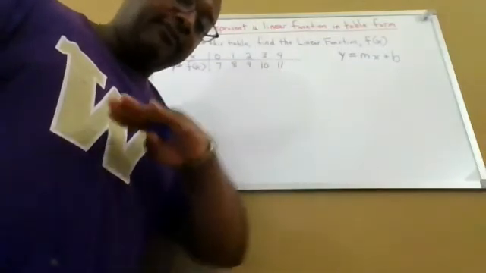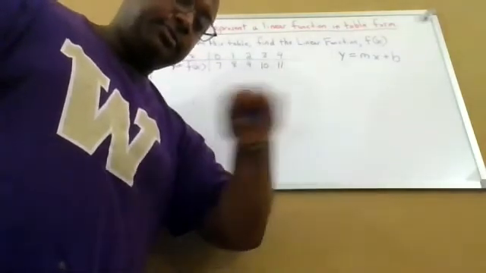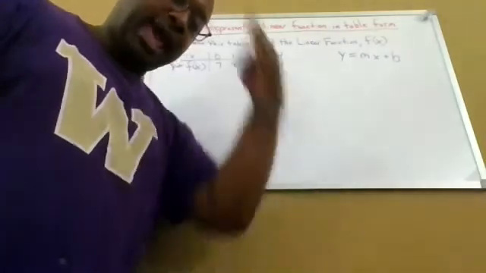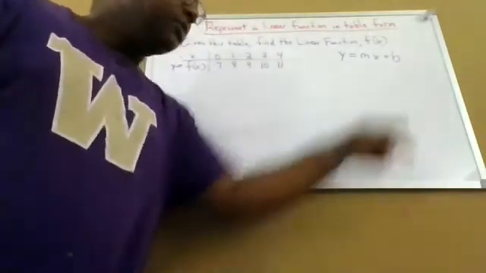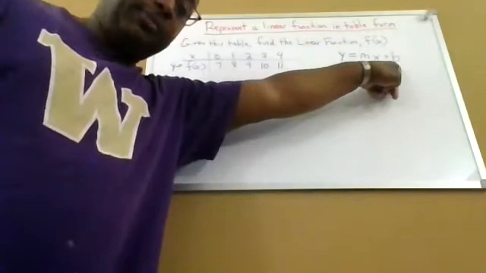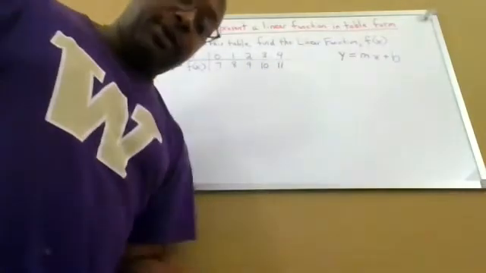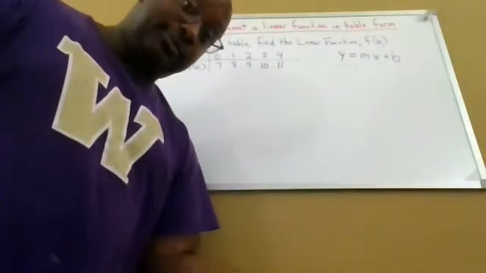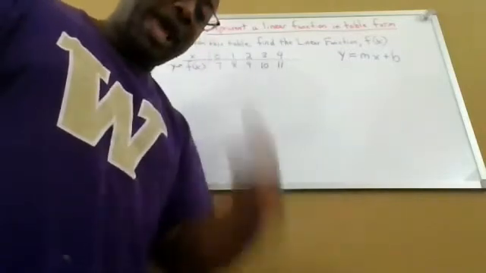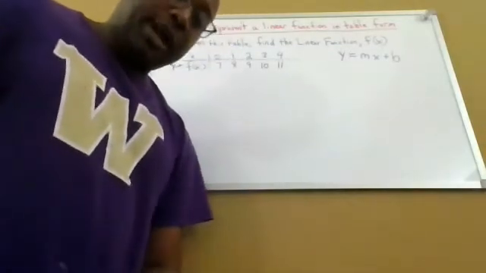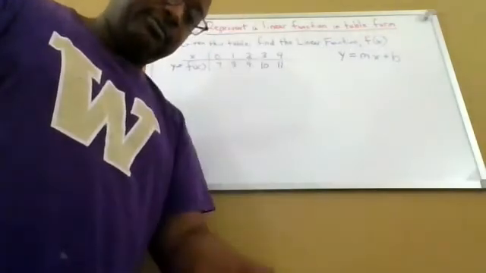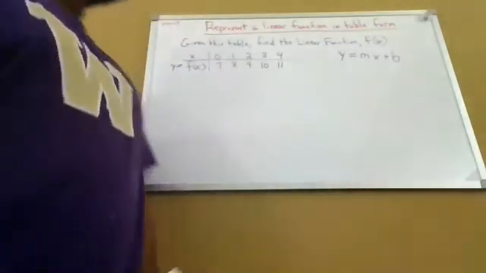Because remember, we have an x-axis and we have a y-axis. So this number that we're going to solve for, b, represents where my graph crosses the y-axis.